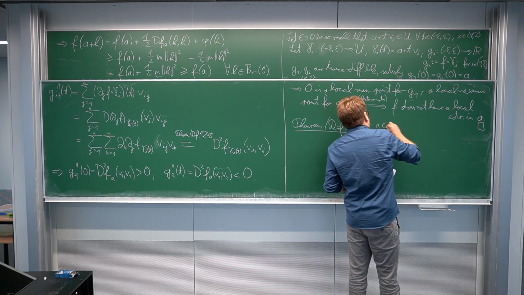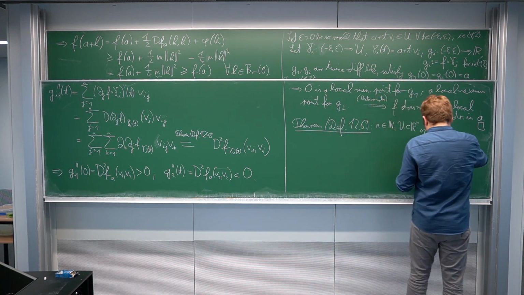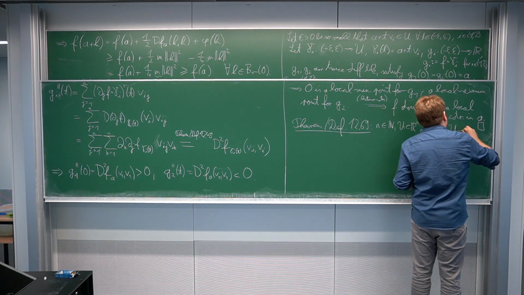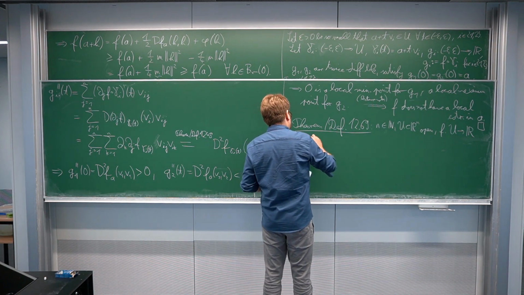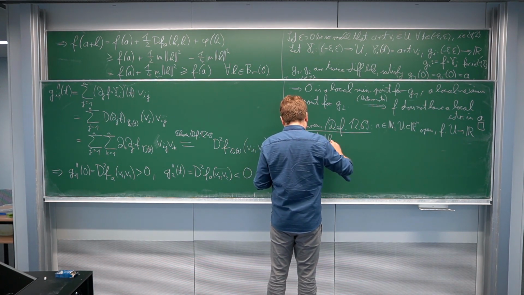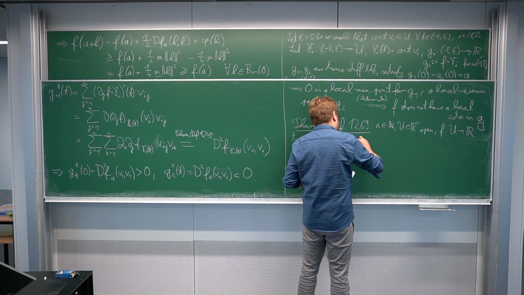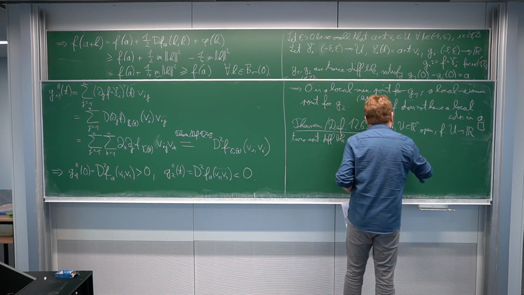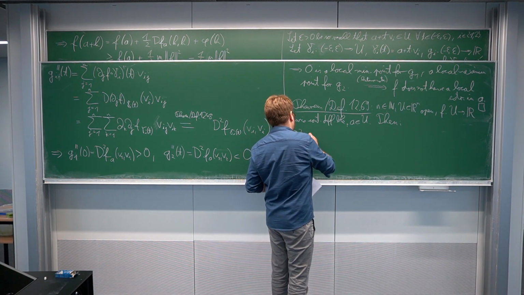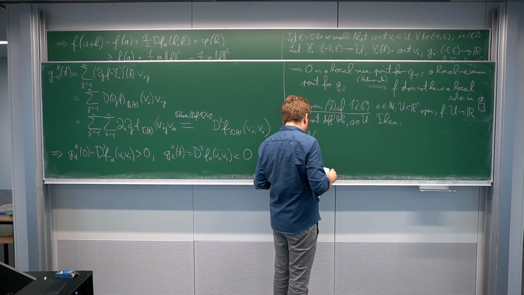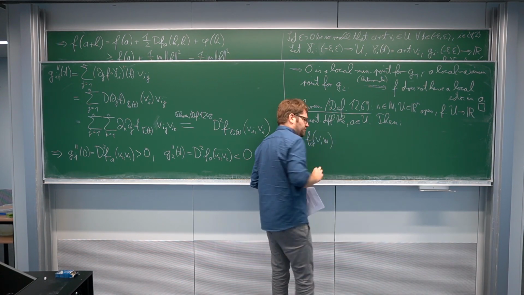So we have n in N, U in R^n open, f from U to R twice continuously differentiable, and we take a point a in U. Then we know, first of all, that we have a matrix which represents this bilinear form, namely d2f in the point a of v, w.